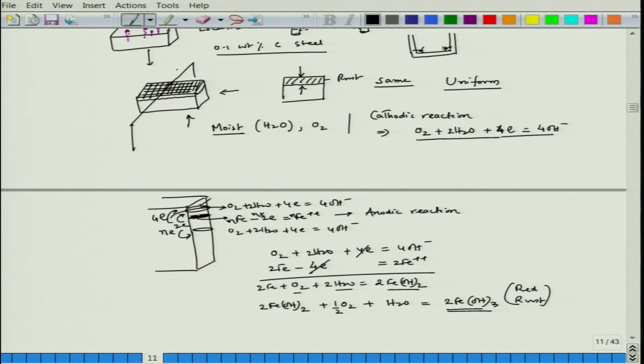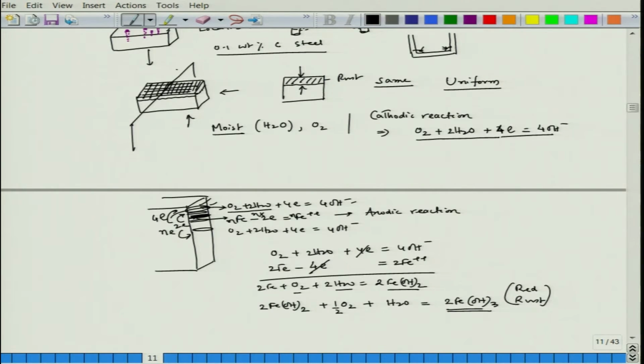So, that red rust forms. Now, the question is, since there are no preferential sites over the surface for this reaction, this cathodic reaction at one point can happen here, second point it can happen here, third point it can happen here. So, the tendency of that cathodic reaction could be over the entire surface.